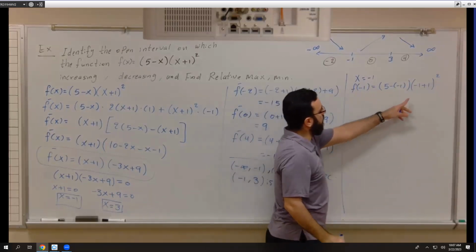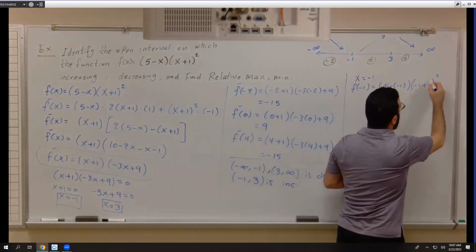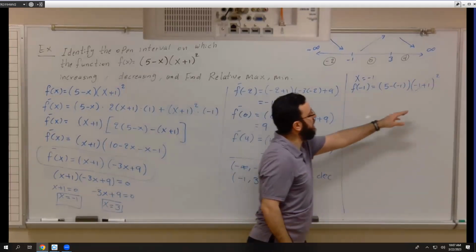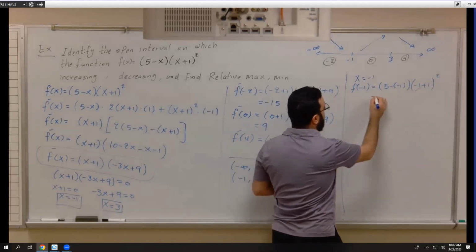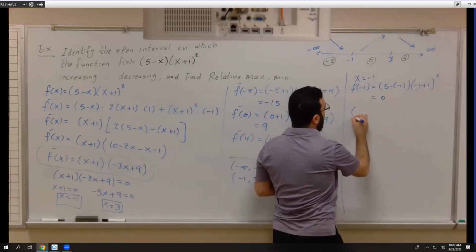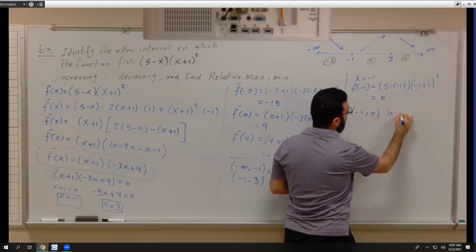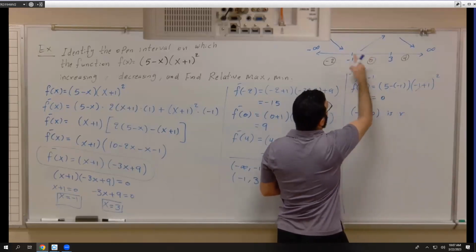This is 0, and 0 squared is 0. 0 times any number is 0. That means the relative minimum is at x equals negative 1 and y equals 0.